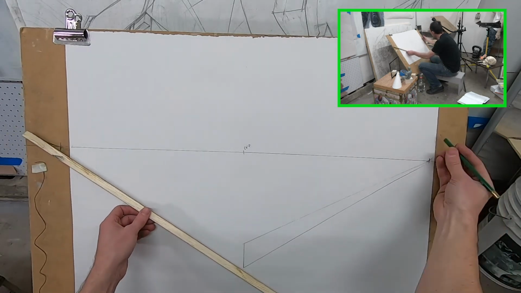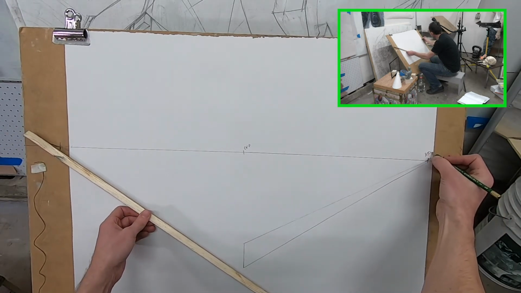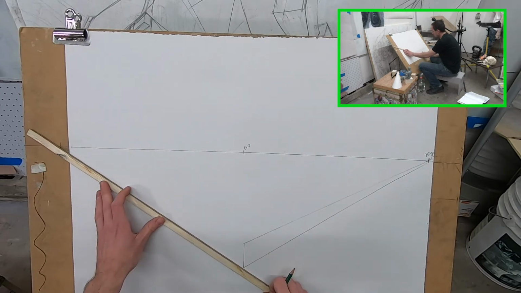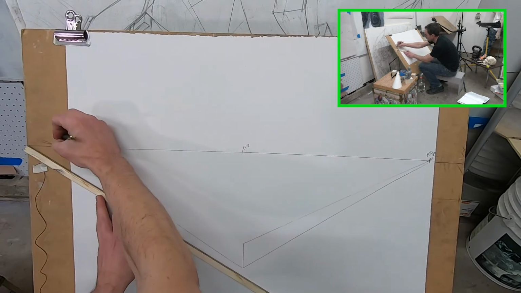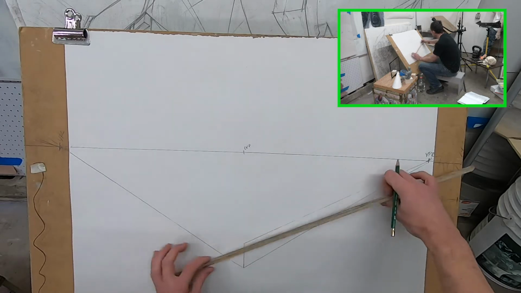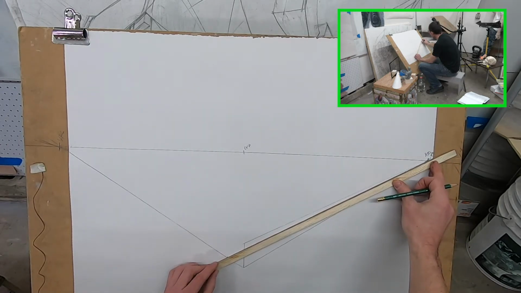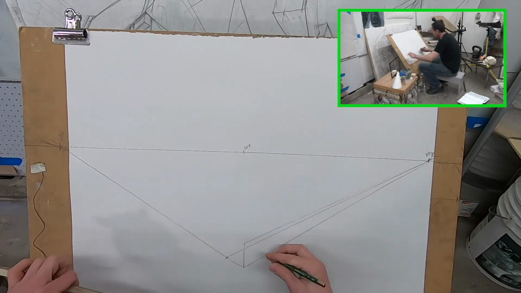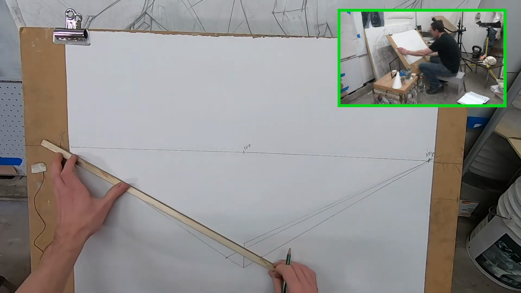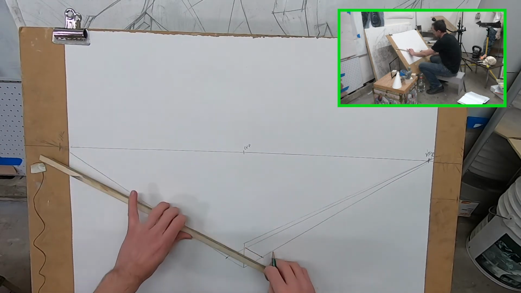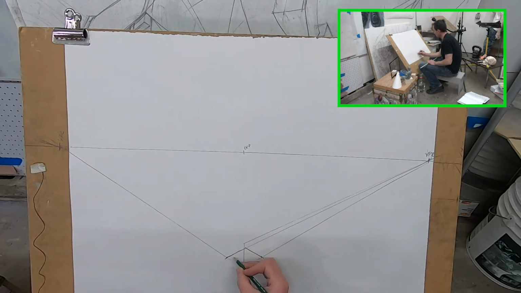That's going to be our vanishing point, right? And let's find vanishing point left. And let's build our base square. So, ignoring that height, there's our base square.